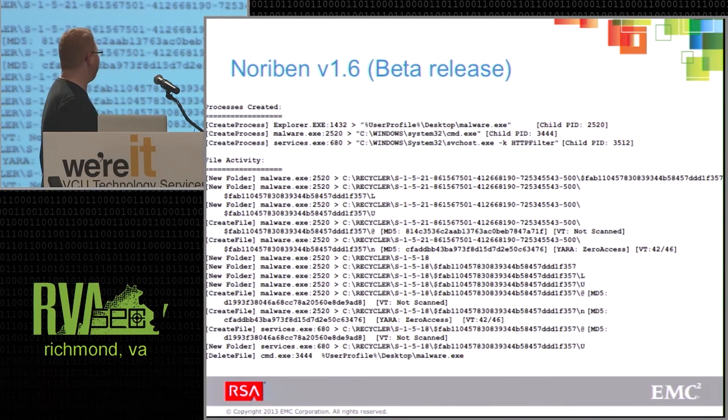Kind of looks like that, which is very impossible to read, I'll give you that. But it tells us, here's all the processes it created by this malware running, here's all the files that were created, either created a new folder, deleted a file, moved a file, copied the file somewhere, and here's the MD5 values of those files as they got moved around the system. And this one, you see lots of signatures come out.